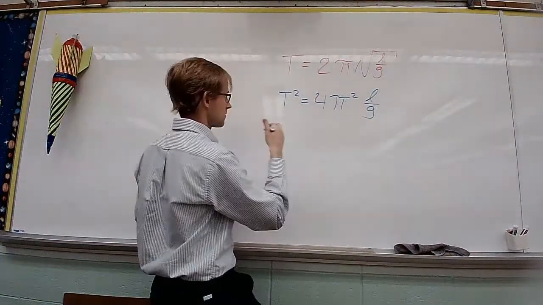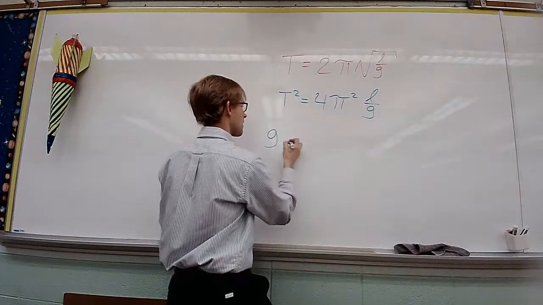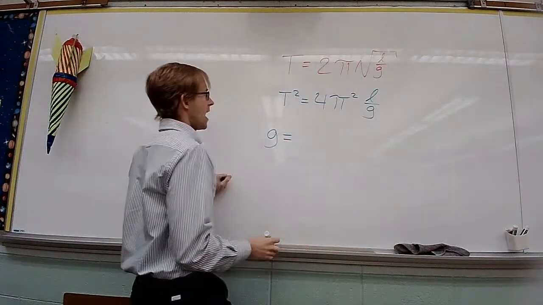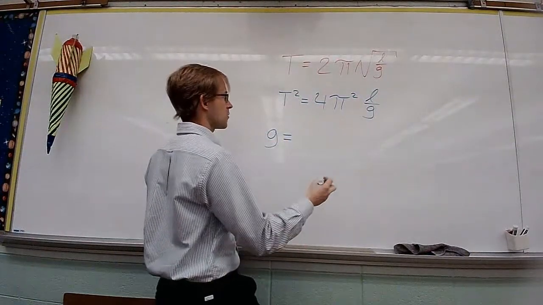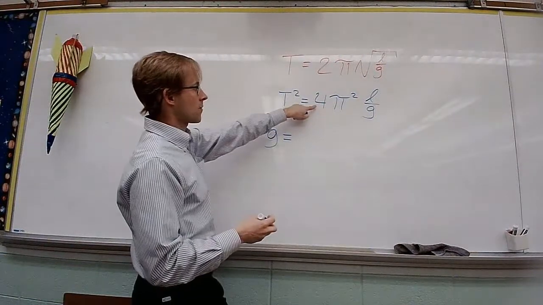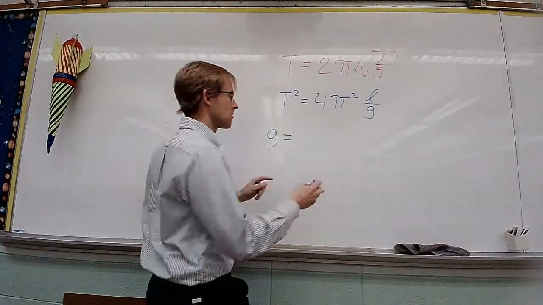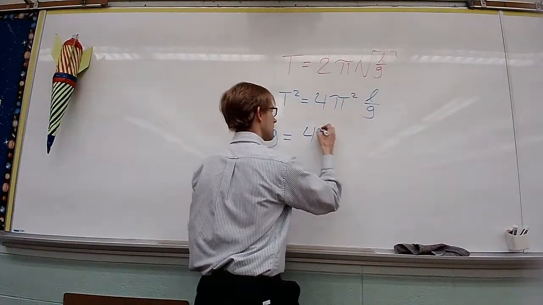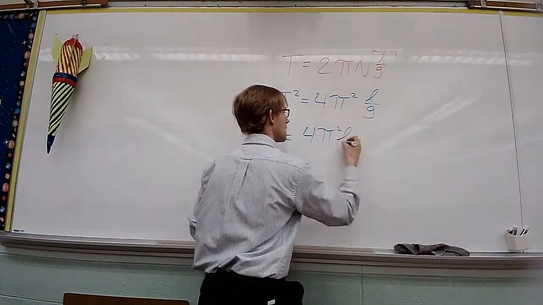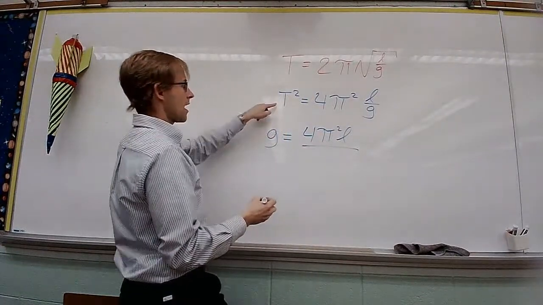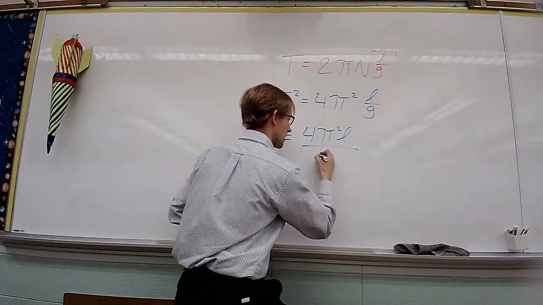So the g comes over here, and then if I divide both sides by T squared, I'm going to have 4 pi squared L in the numerator, and then I'm going to have T squared in the denominator.